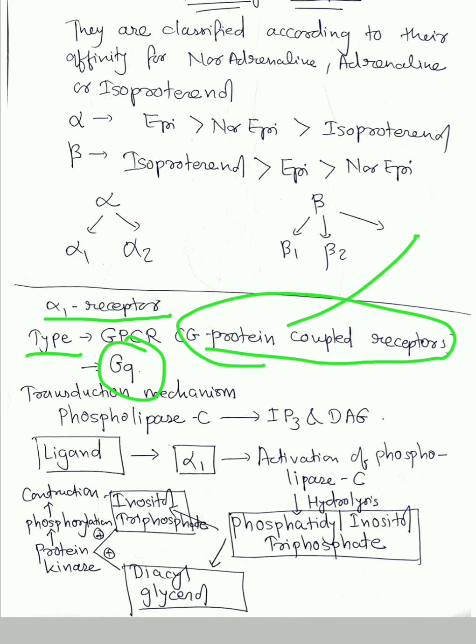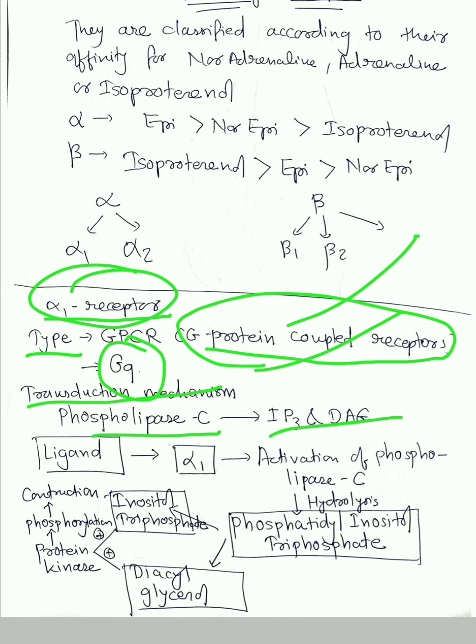Now each and every receptor has various transduction mechanisms by which they show pharmacological action. In this case, that is the G protein coupled alpha 1 receptor, the transduction mechanism is the phospholipase C IP3-DAG pathway. For G protein coupled receptors, there are mainly two types of transduction mechanism through which they show their pharmacological action.